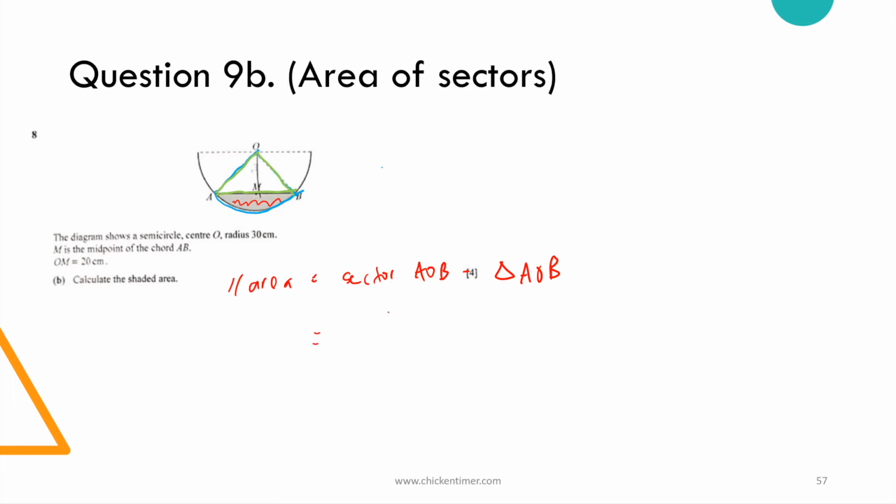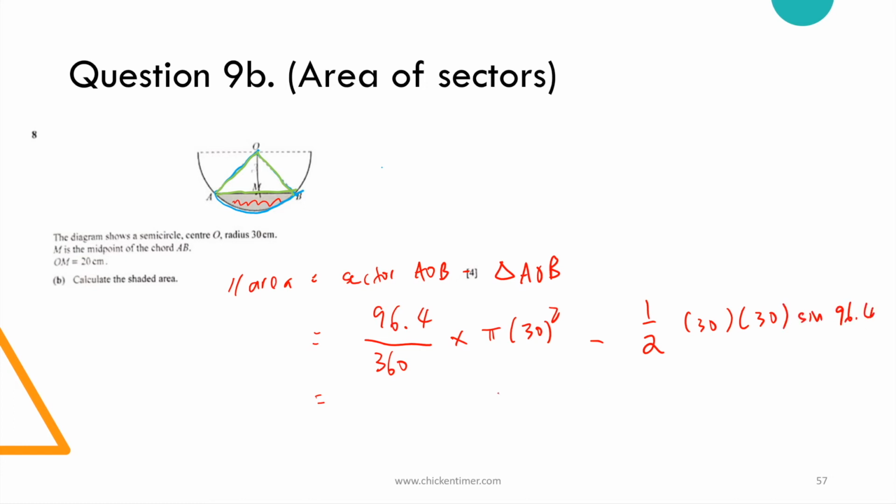And the area of the sector is the angle, which we just found is 96.4, over 360 times pi r squared, minus the area of triangle AOB, that means half times 30 times 30 times sine 96.4.